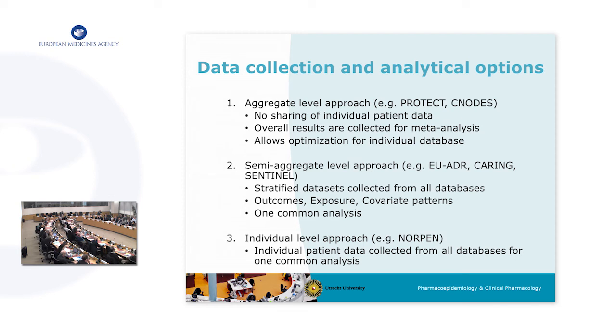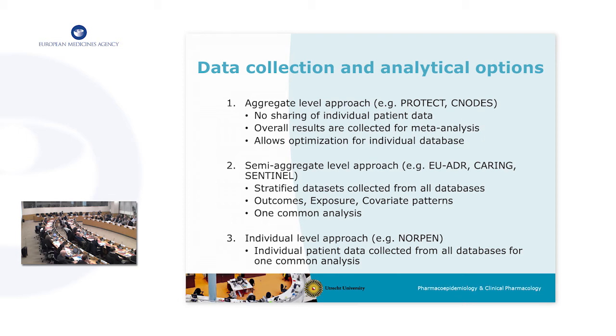And then at another level of aggregation, we could collect, and that's been done in EUDR, for instance, in Caring, but also in Sentinel, I think, stratified data sets from the different databases. So these are aggregated at the level of outcomes, exposures, and some covariate patterns.